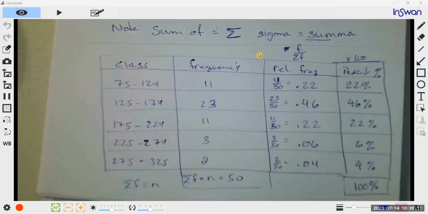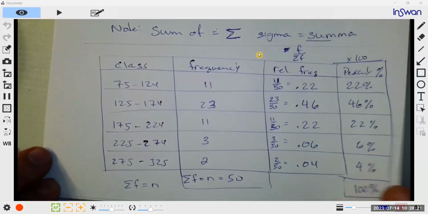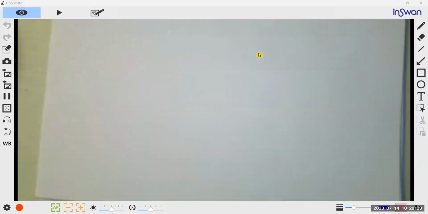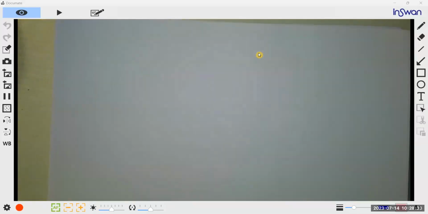So that's the second check that we have. So that's the relative frequency. It tells us how each data is associated relative to all the other ones. So we obviously see that 46% had more weight than the other ones put together.